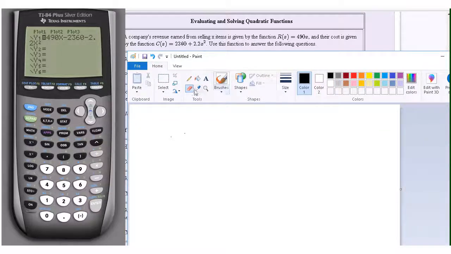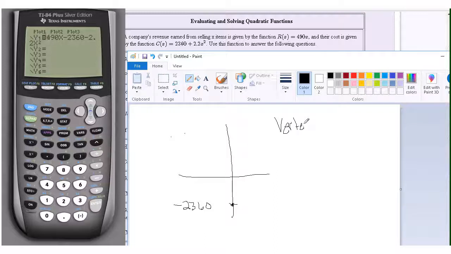If I'm thinking about what my graph is going to look like, I know that my vertical intercept is going to be down here at negative 2360. That's a good place to start in terms of knowing how low I need to go in the window. The other thing I can do is figure out where my vertex is going to be.